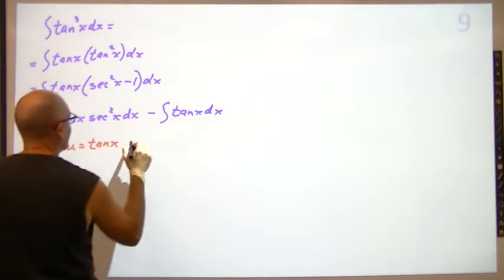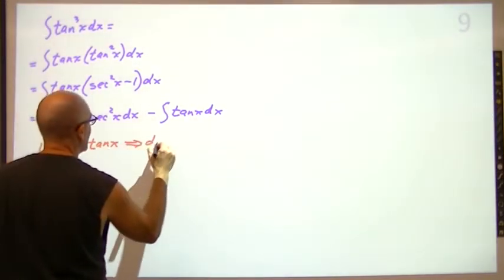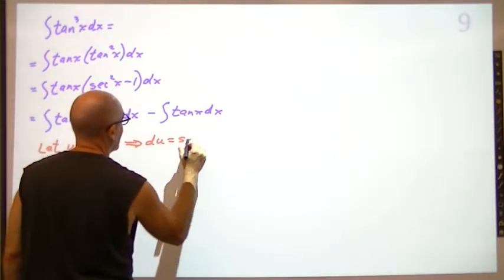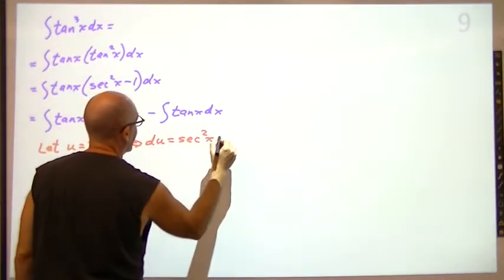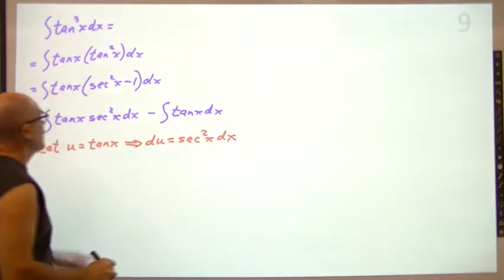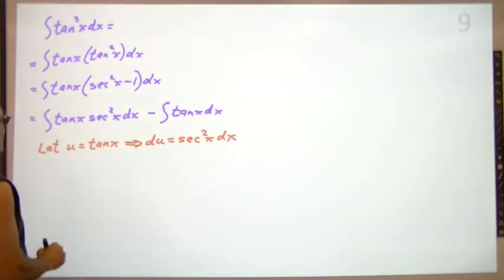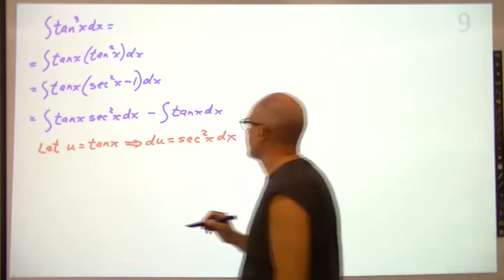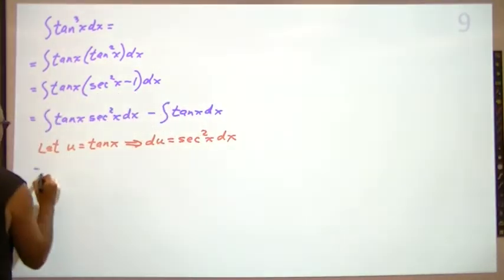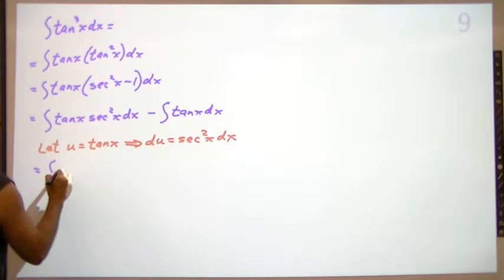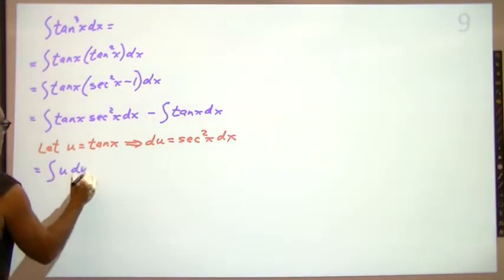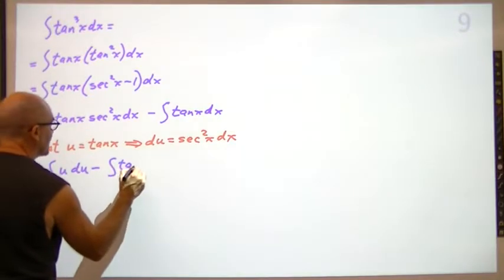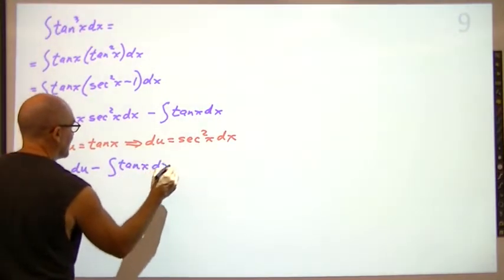So that means du equals the derivative of tangent, secant squared x dx. So there we have our secant squared x dx. So now this thing becomes the integral of u du minus the integral of tangent x dx.